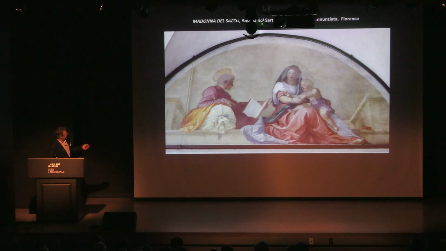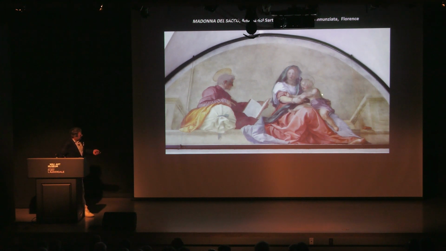And one of my favorite Mannerists is Andrea del Sarto. This is a painting that not too many people have seen, located in the cloister of the Servite Church of Santissima Annunziata. But I just adore, I mean, one, the beauty of the figures themselves, but the way these colors are combined, the yellow of that blanket over that white sacco, or sack, which is where the painting gets its name.